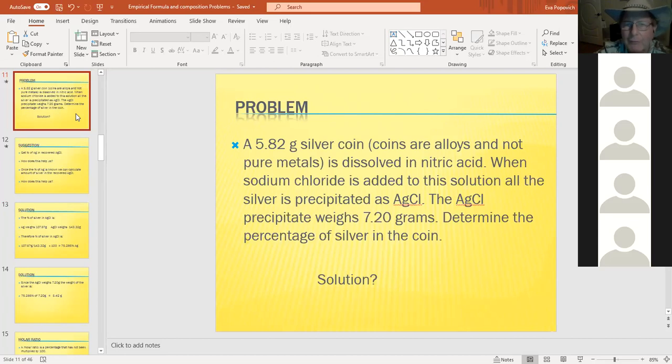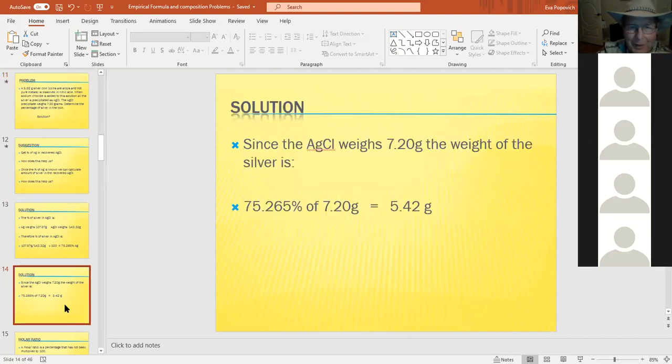6, 7. Okay. Do you know what the weight of the whole coin is? We do. Do you know what the weight of the silver is? We do. So how are you going to get the percentage of silver? Well, if it's a silver coin, wouldn't it be like almost all silver? Do we have the weight of the silver?